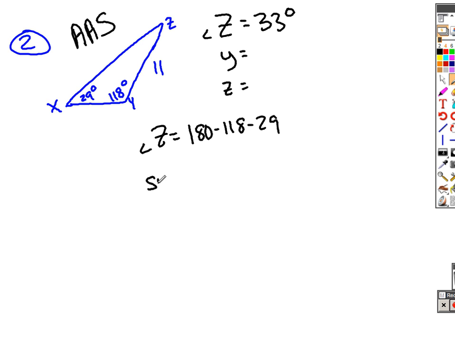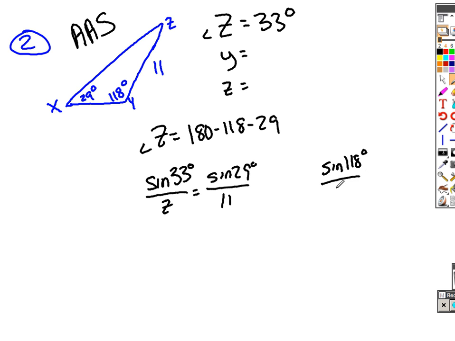To find z, I'm going to have sine of 33 over little z equal sine of 29 over 11. And that's from the x's. And the same way here, to find y, sine of 118 degrees over y equals the same thing, sine of 29 over 11. So I'm going to solve each one of these individually.